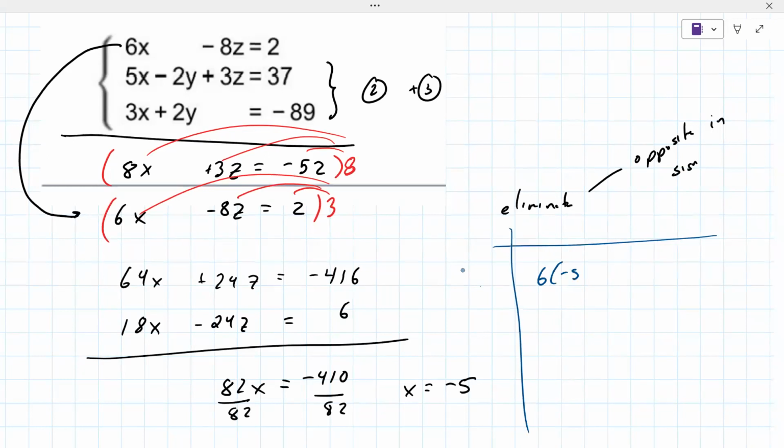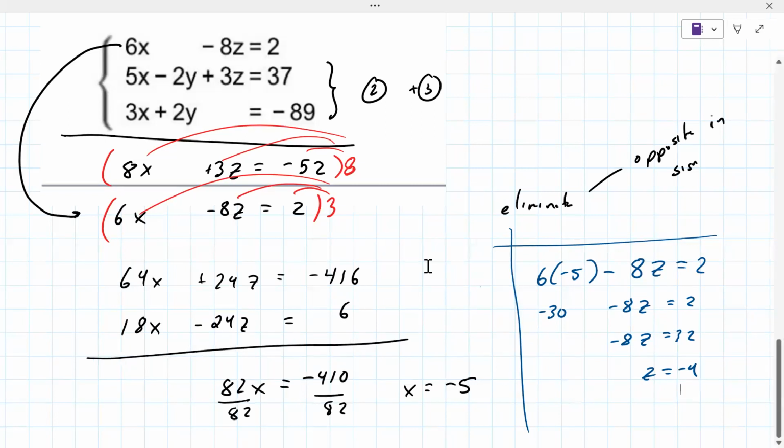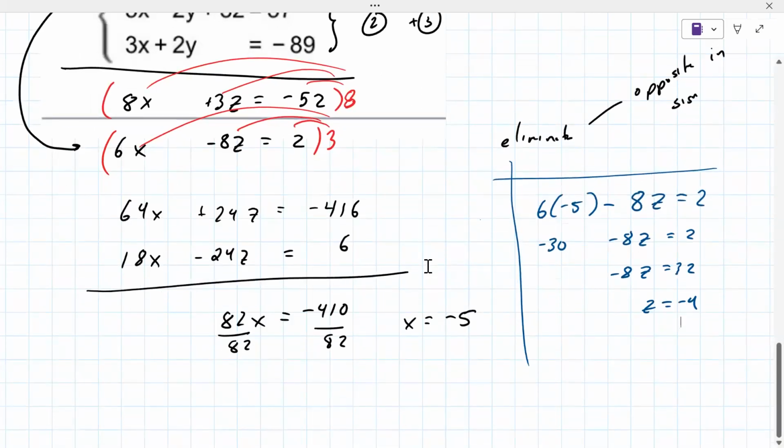6 times negative 5 minus 8z equals 2. Negative 30. And then you can similarly use the x value in that last equation: 3 times minus 5 plus 2y equals minus 89.